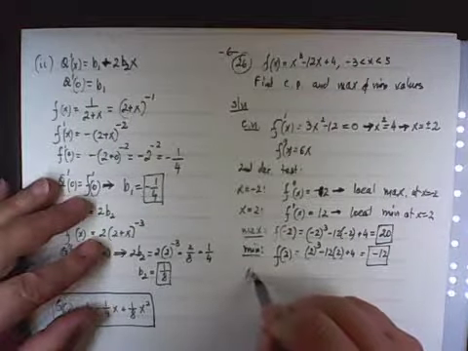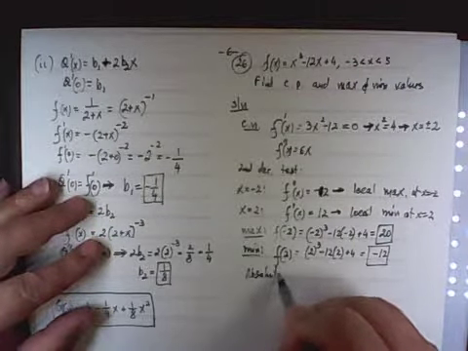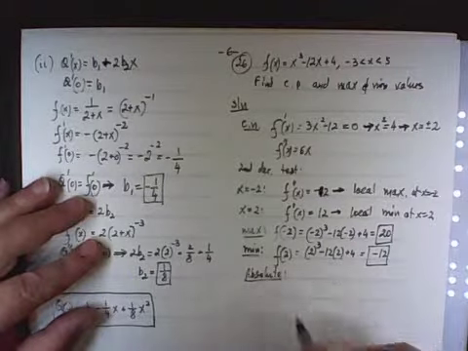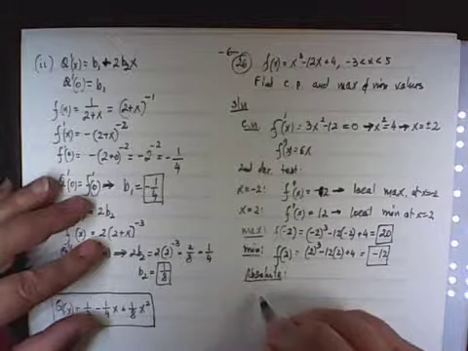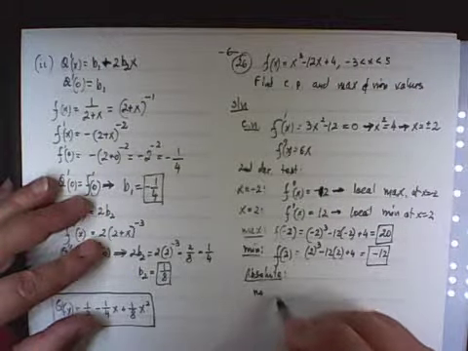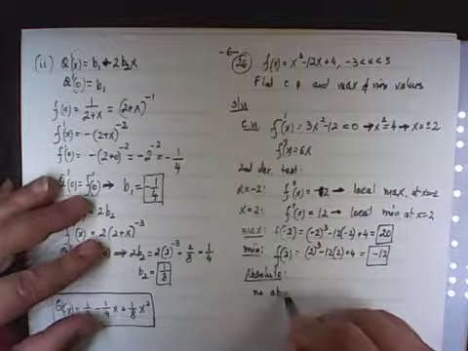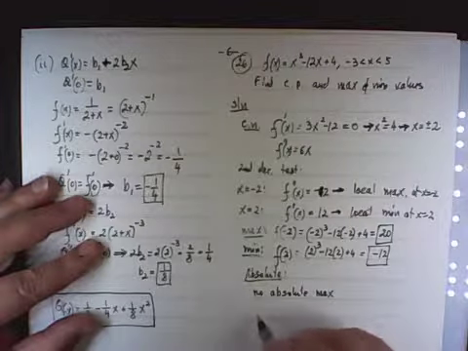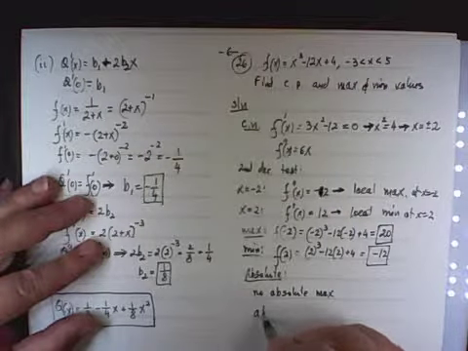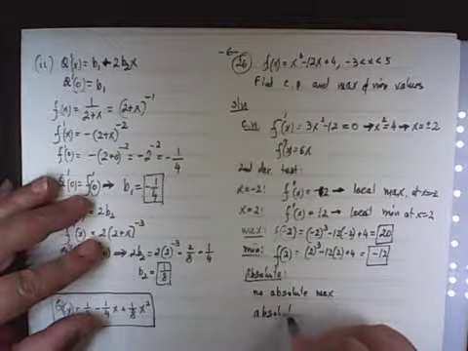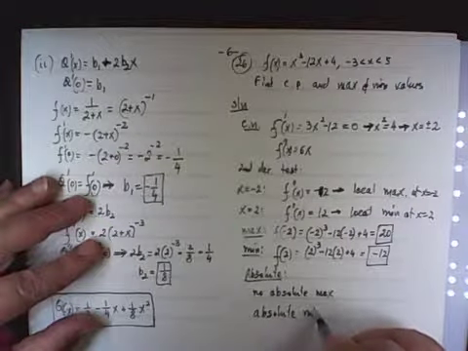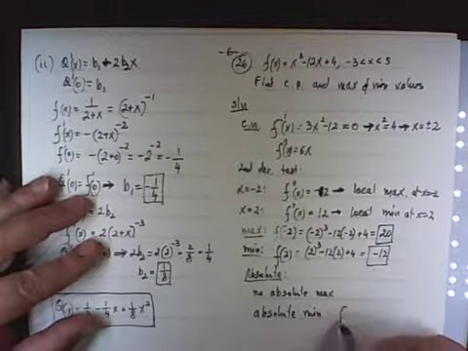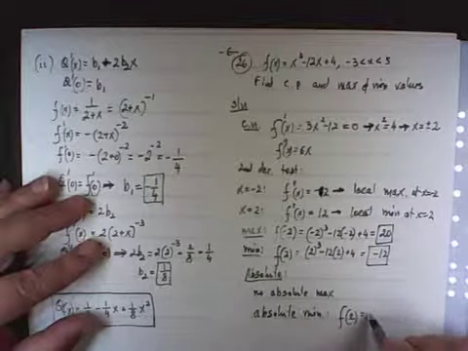Now, for absolute, we have no absolute maximum. Absolute means global, right? Yes. And our absolute minimum will be f of 2 equals negative 12.